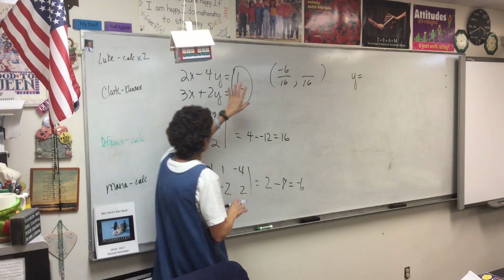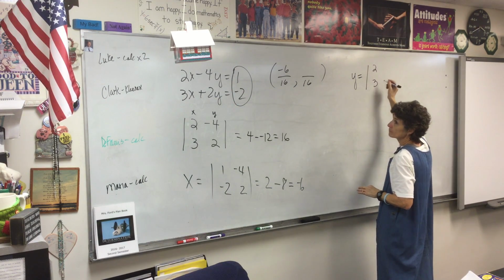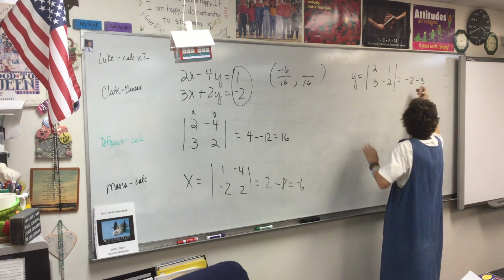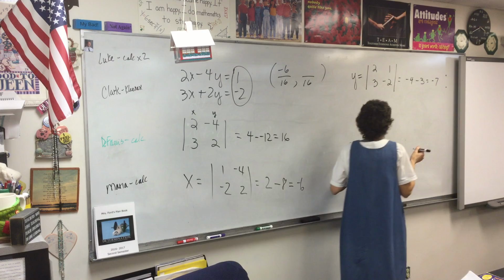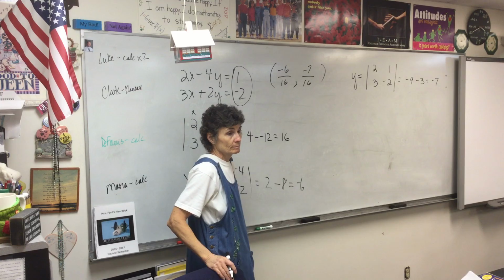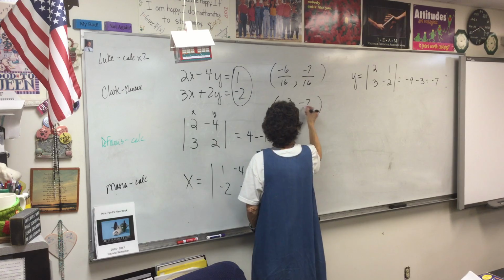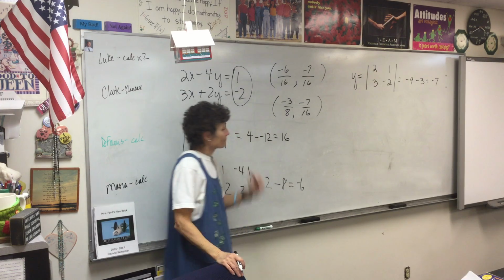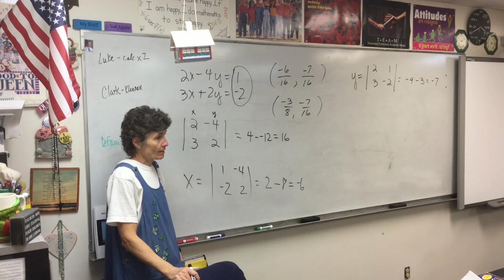Same thing. Only I'm gonna cut those out and paste them here. Whoa. I got negative 7. So my final answer, negative 3/8, negative 7/16. I just reduced that. Everybody remember all that?